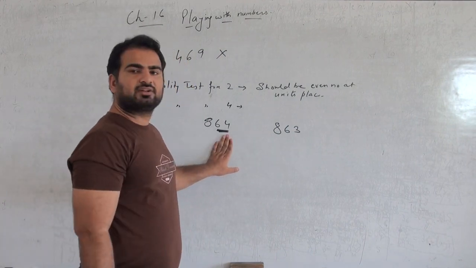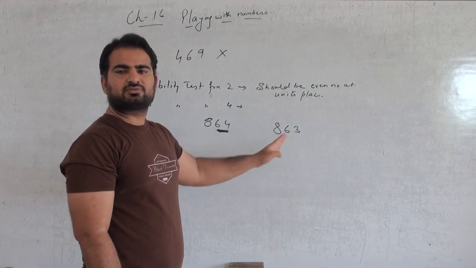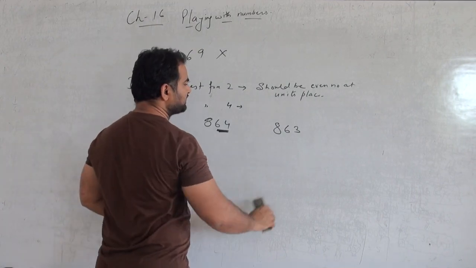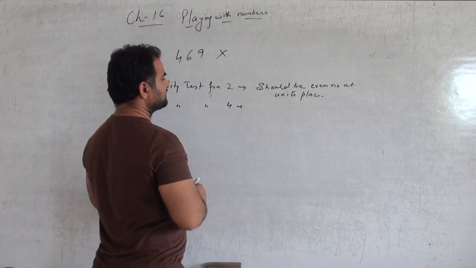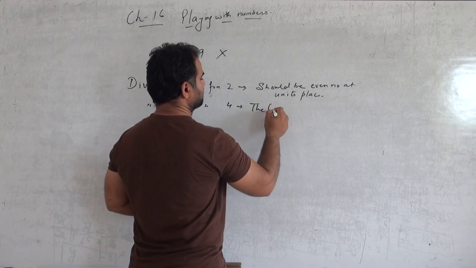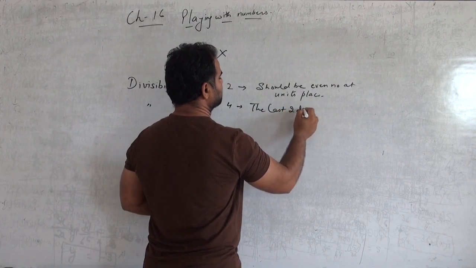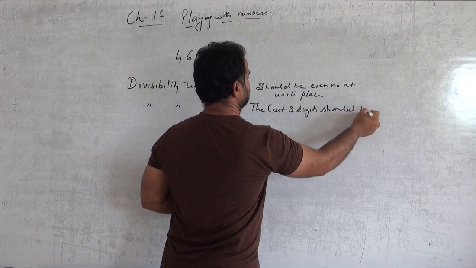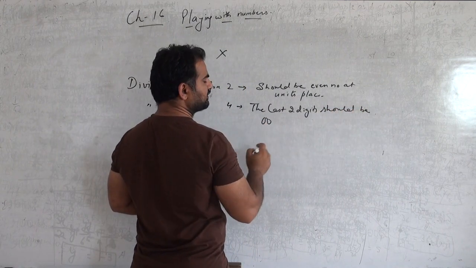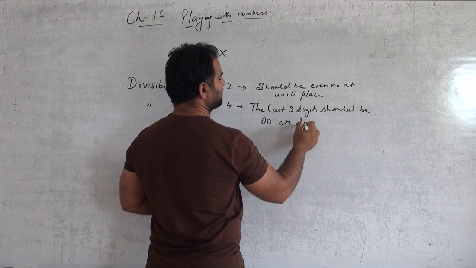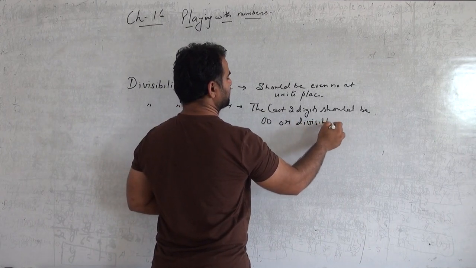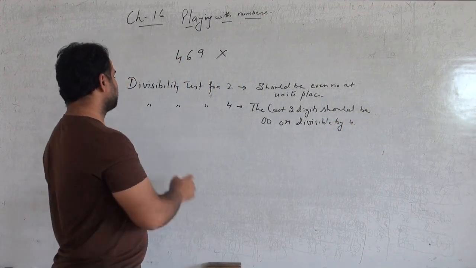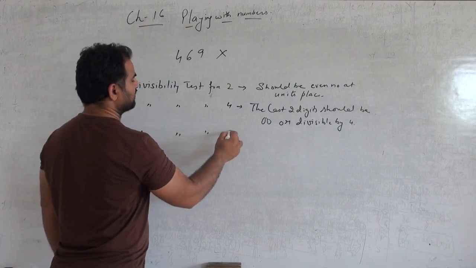But if it is an even number, then we have to check that it is divisible by 4 or not. So the divisibility test for 4 is the last 2 digits should be 00 or divisible by 4.